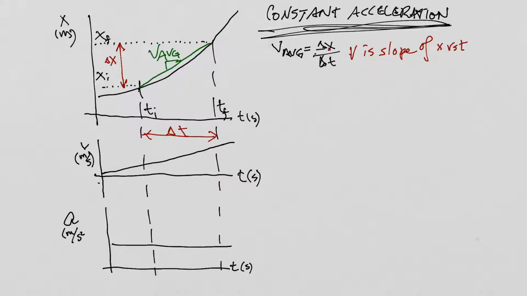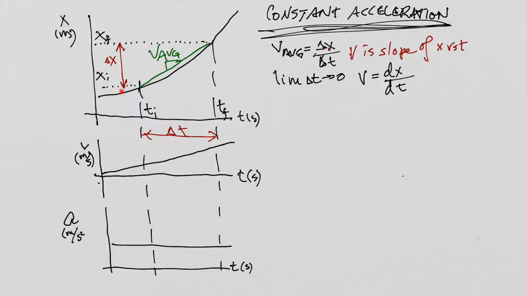If we take the limit as delta t gets smaller and smaller to 0, then the instantaneous velocity is equal to the derivative of the position function. The derivative is a calculus method of taking the slope of a curve.